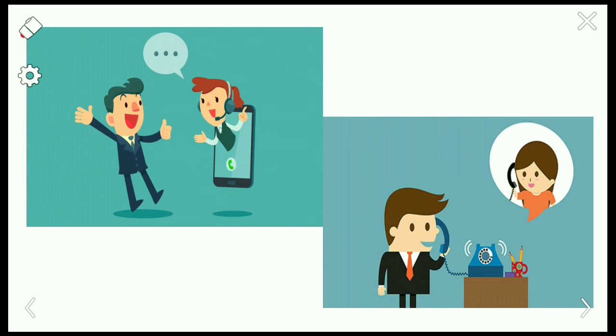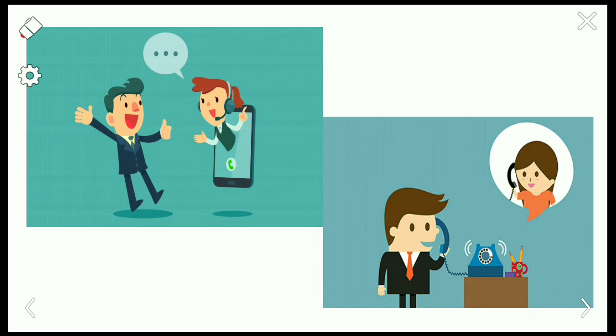Here is a real-time example I am taking. Suppose you got a call from a bank regarding loans. It is an IVRS call, regarding the loans provided by the bank. Then you can't reply back to that IVRS call, right?